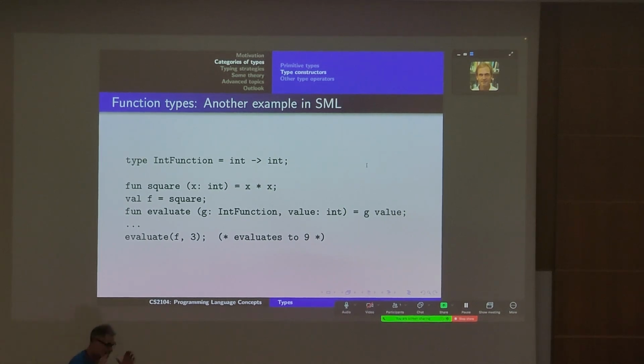Okay, so that is roughly speaking how type checking works. Language implementations are more or less sophisticated in how elaborate this type checking is, and we'll talk about that in a few minutes in our advanced topics.